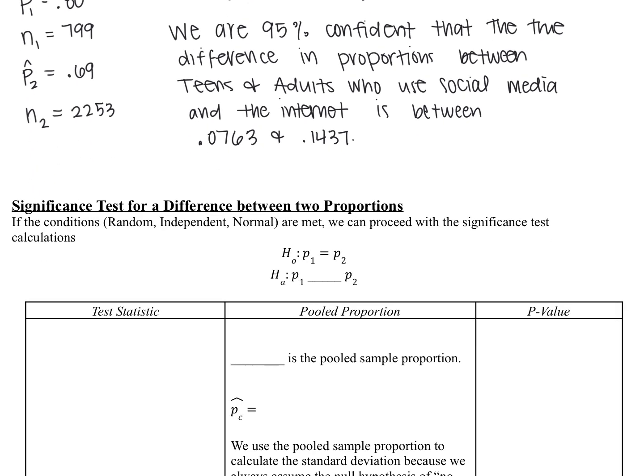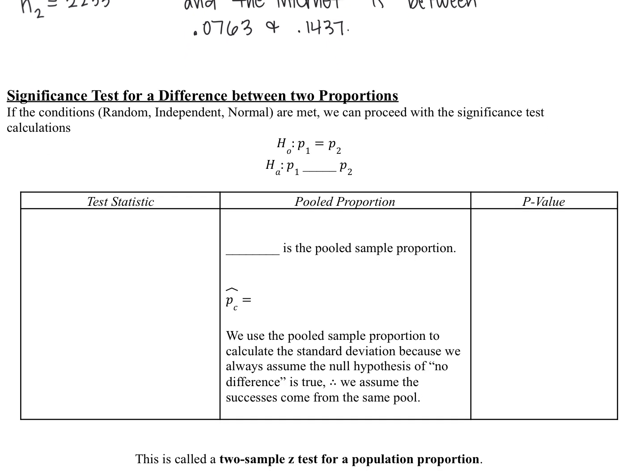So the last thing we have to talk about is a significance test for a difference in proportions. For the null hypothesis, we are always going to state that the proportions are equal to each other. So that would mean that there is no difference between our two proportions.